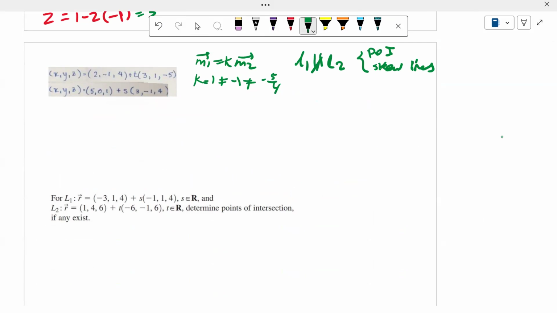The first one is 2 plus 3s. Second one is minus 1 plus t, and 4 minus 5t.